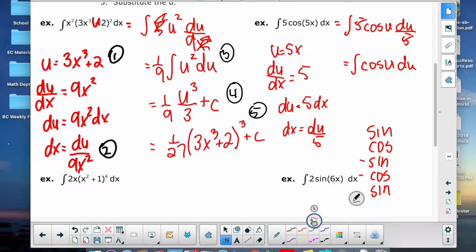Which way am I going up? Or would I be going up if I'm integrating, right? That's a terrible question. So I'm here. So what's the integral? Sine. Positive sine of u. It doesn't matter what the variable is as long as we're taking the derivative or integral with respect to that variable. Okay? And then of course, plus c.